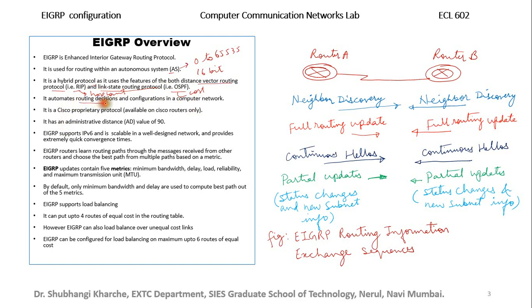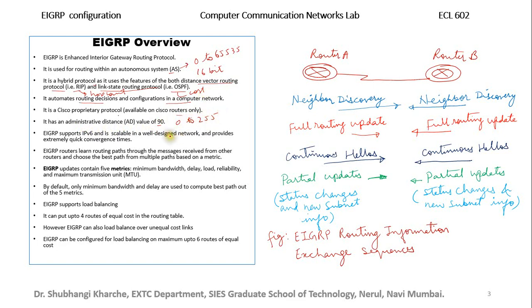EIGRP automates routing decisions and configurations in a computer network. That is, it is a dynamic routing protocol. It is a Cisco proprietary protocol available on Cisco routers only. It has an administrative distance value of 90. Now this AD value can be between 0 and 255.